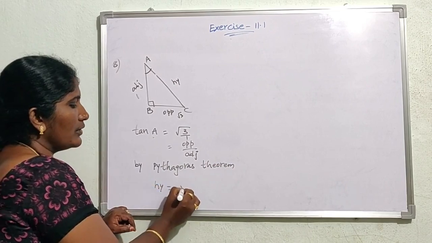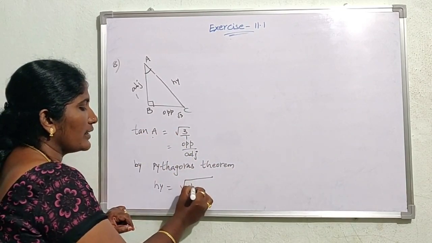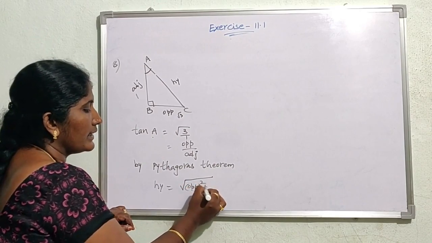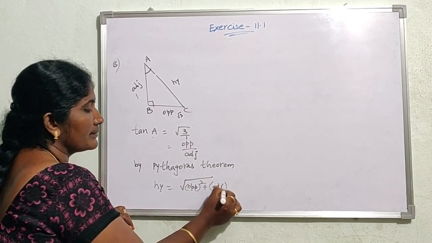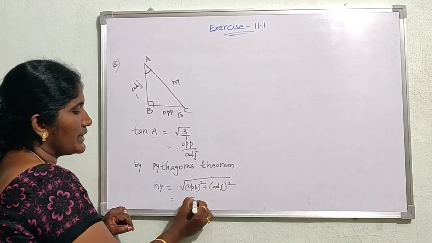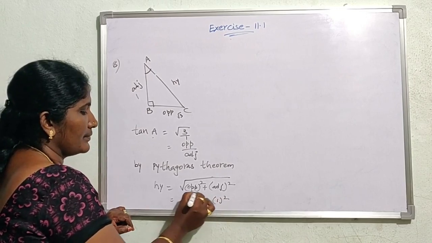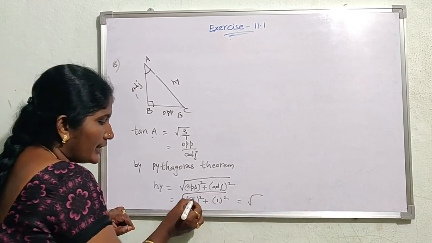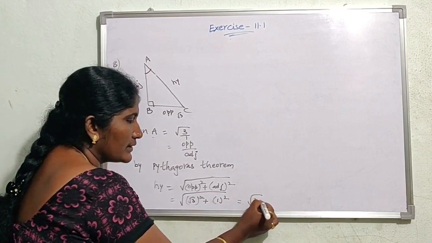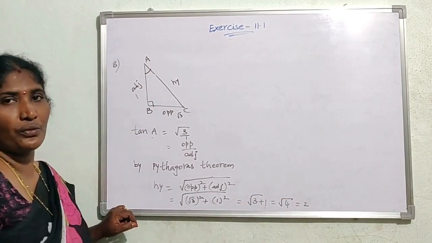Hypotenuse is equal to root of side square plus side square. Here sides are, one of the side is opposite and the other side is adjacent, which is opposite square. Root 3 square plus 1 square, which is equal to, here root and square get cancelled. 3 plus 1, root 4, which is equal to 2.